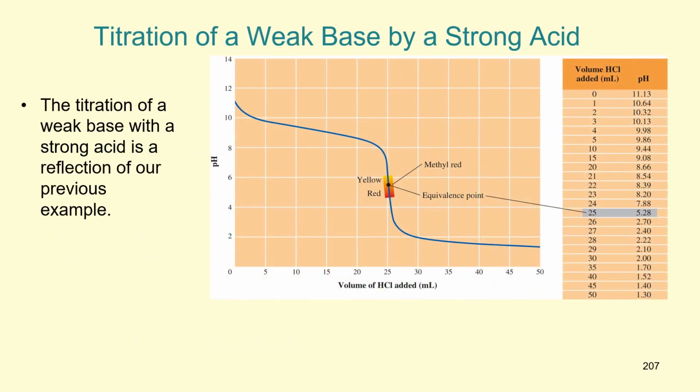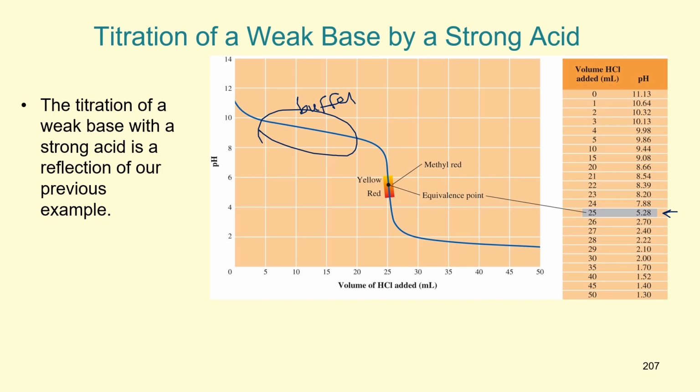All right, just one more thing. If you're titrating a weak base with a strong acid, you're going to see a similar type of structure. So again, you've got your buffer region up here. The pH will start high because it's a base, and it will decrease. And then again, you have your endpoint. This time, your endpoint is going to be less than 7 because you have the conjugate acid of your weak base.